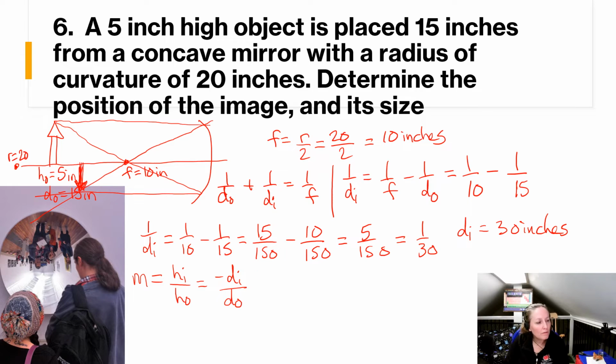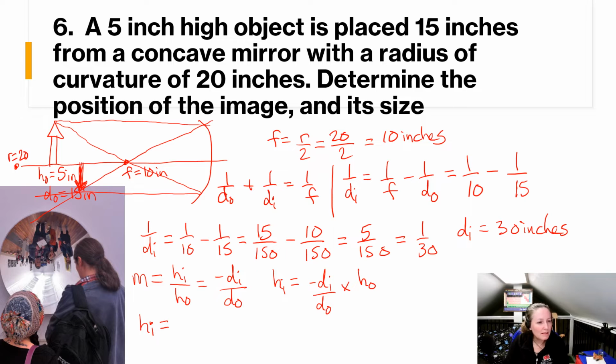So in order to find out the height of the image, it's negative distance of image all over distance of object times height of object. Maybe you're comfy with that. If not, that's okay. Again, we're looking at high school physics here. So it's got some work involved here.